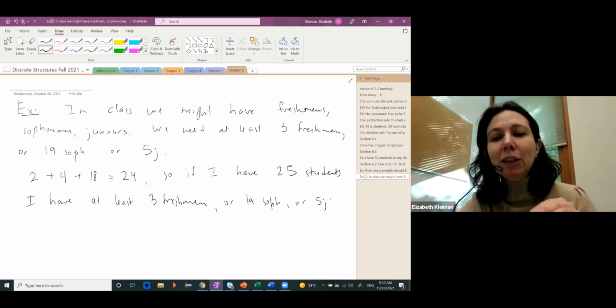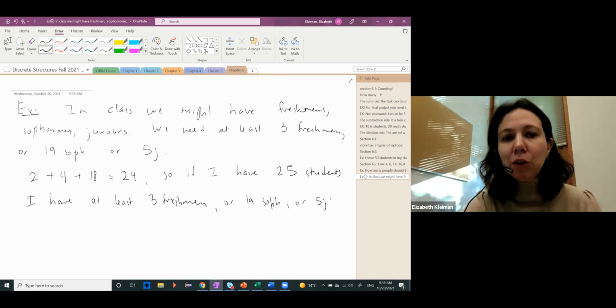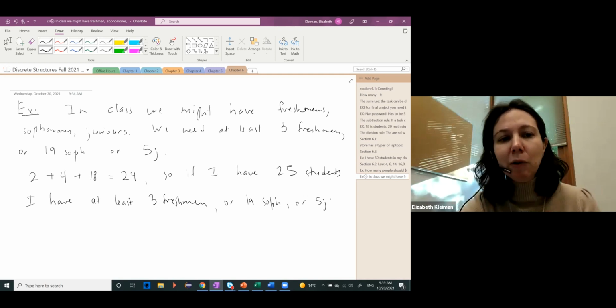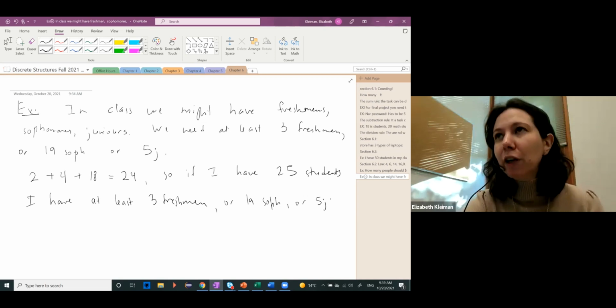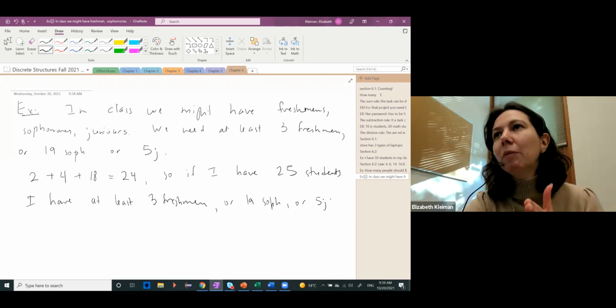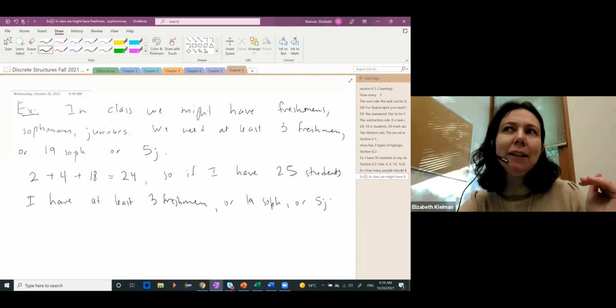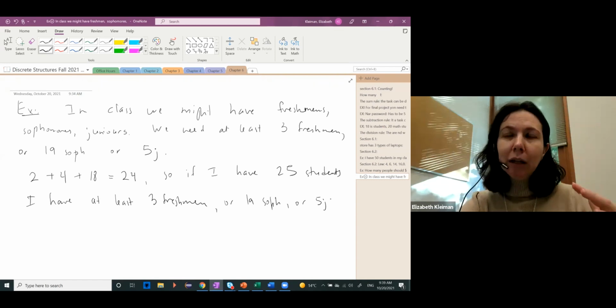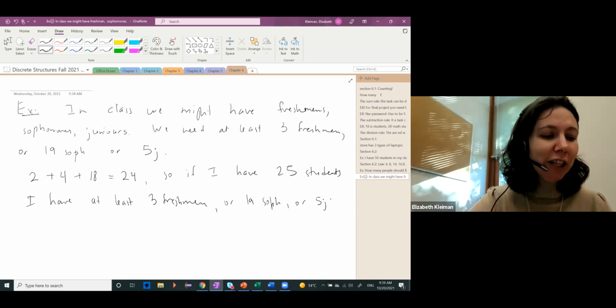Because student number 25 is either going to be a freshman, sophomore, or junior. So either I'm going to have 19 sophomores or 5 juniors or 3 freshmen, correct? So at this point, I'm going to reach this condition. I went a little bit backwards to explain how this idea works.